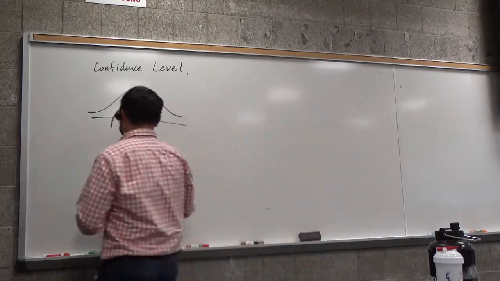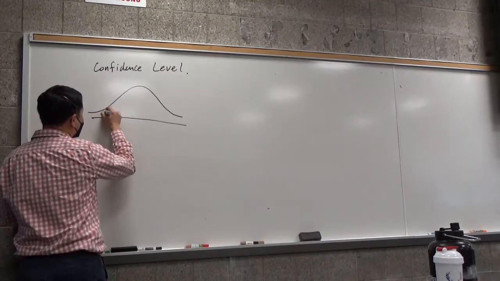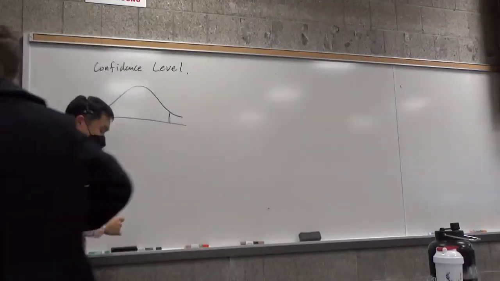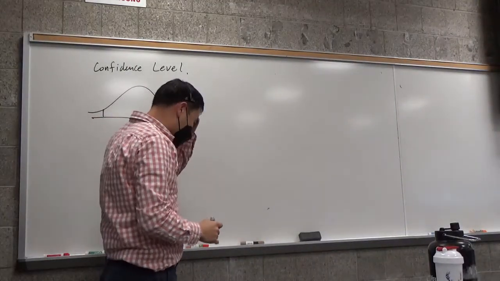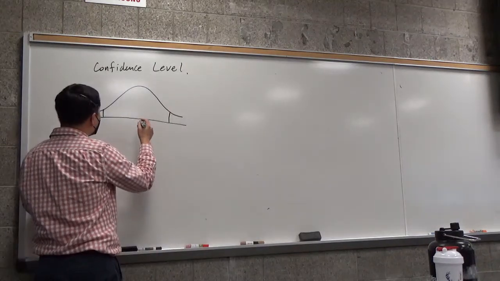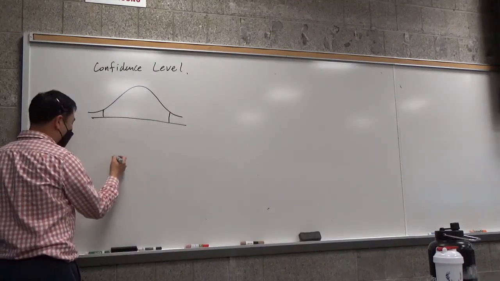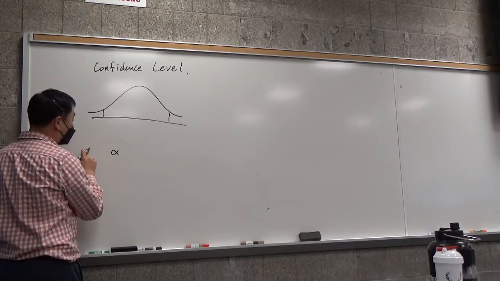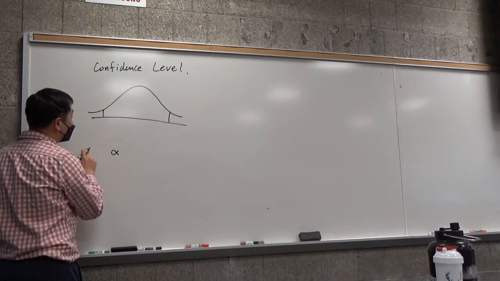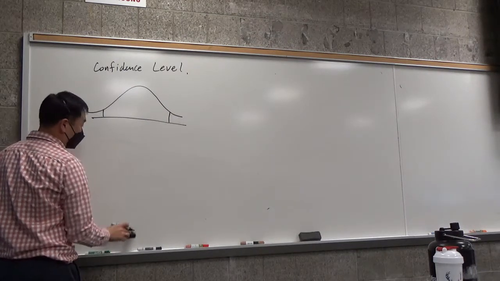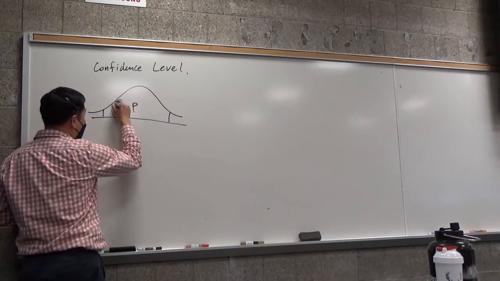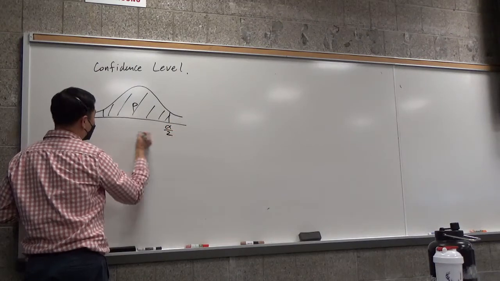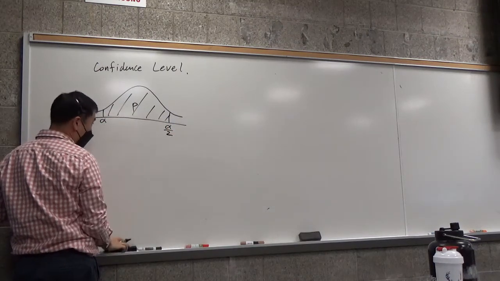So the confidence level, I forgot which one we use. Alpha is a significance level. Confidence level. Oh, P. Okay, so I guess you use P. All right, so this P value is where you have this.